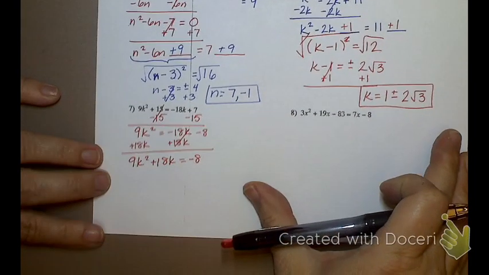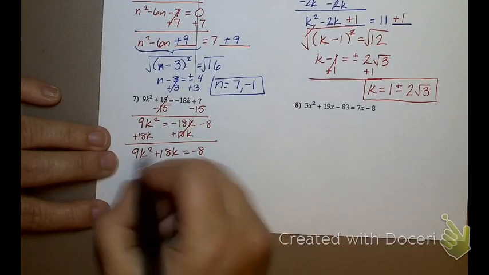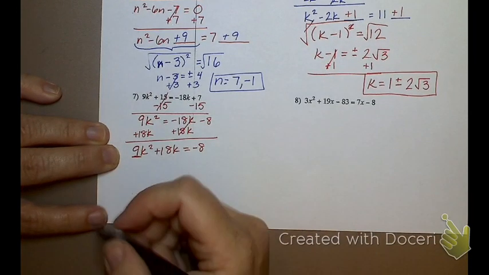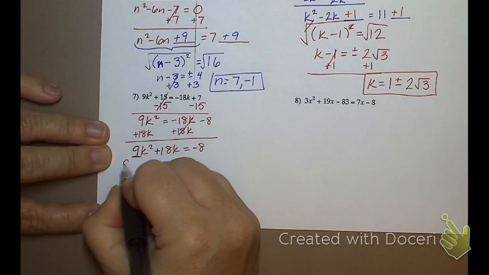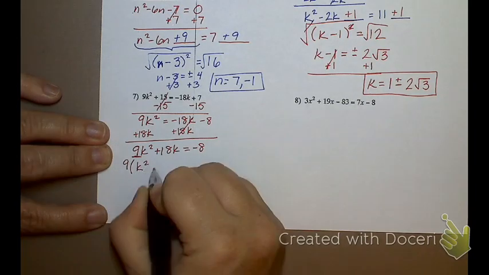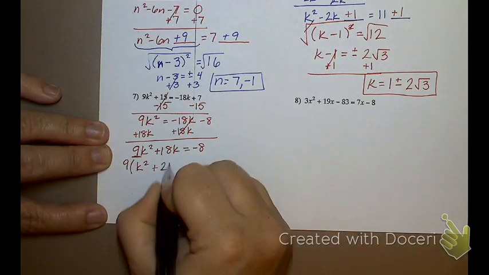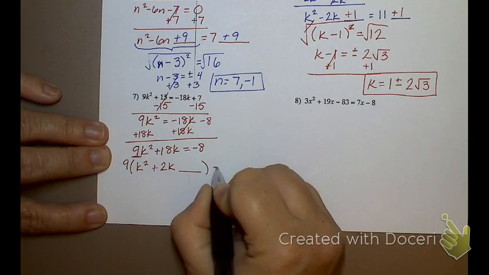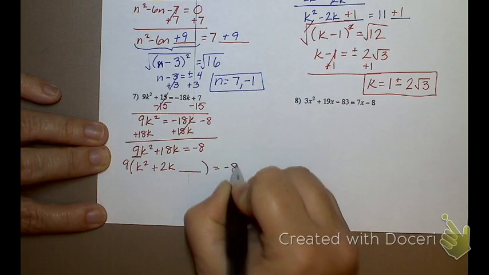What am I going to factor out? 9. It's always whatever that a value is, because you need to get rid of that a value. So I'm going to take out a 9. What's going to be in my parentheses then? k squared plus 2k, blank, and my parentheses equals negative 8 blank.